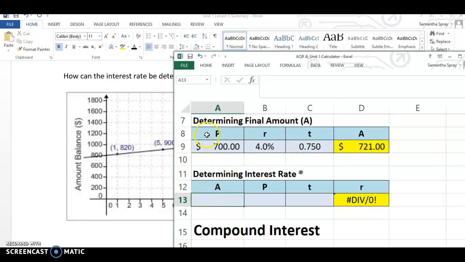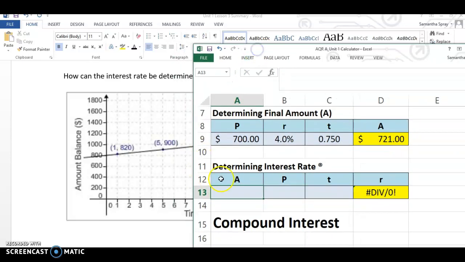A is our final amount. At 5 years, we have $900 in the account. The principal amount was $800, because that's where our Y-intercept is in this graph. Time is 5 years. Therefore, our interest rate is right here, 2.5%.